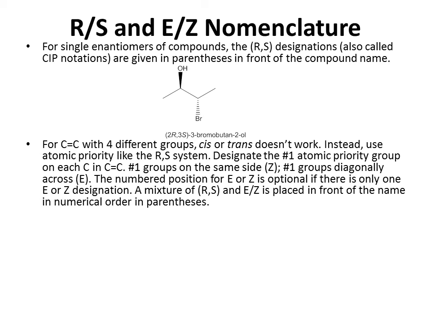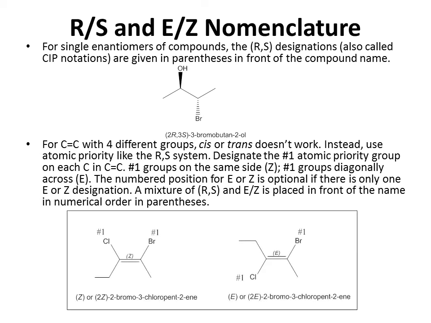A mixture of RS and EZ is placed in front of the name, again, in numerical order in parentheses. So as you see in the examples, the one on the left, the chlorine is number 1 on the left side of the carbon-carbon double bond, and the bromine is number 1 on the right side of the carbon-carbon double bond. Thus, the number 1 groups are on the same side of the double bond.